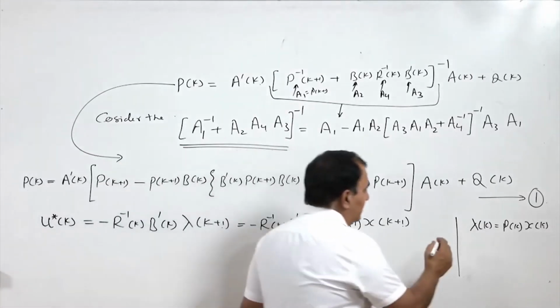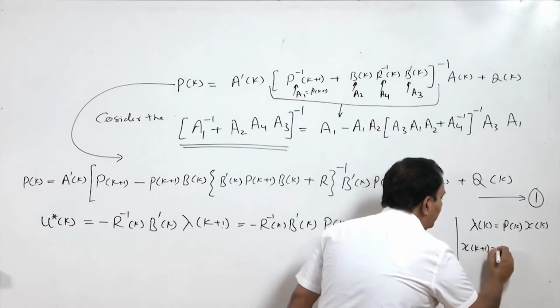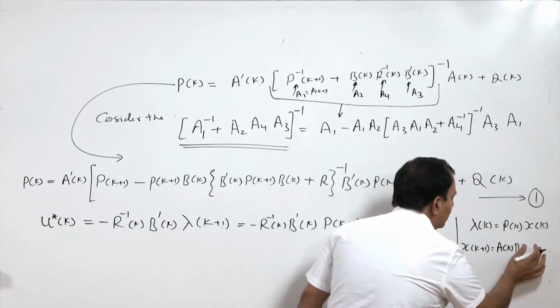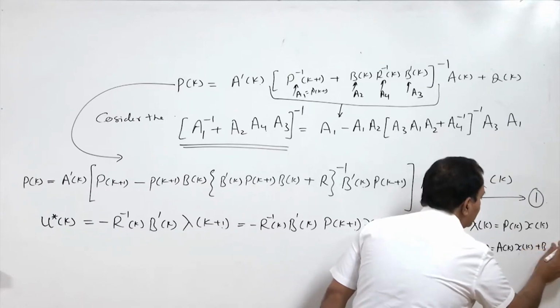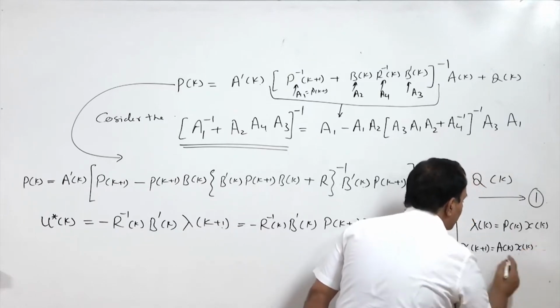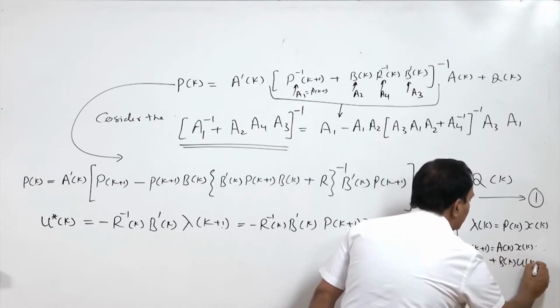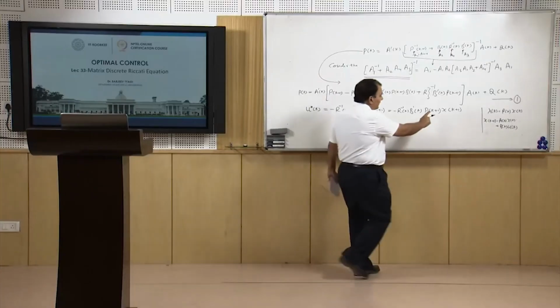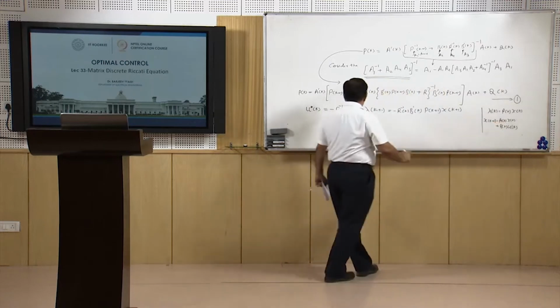and my given system is x(k+1) as A(k) x(k) plus B(k) u(k). So, x(k+1) I will replace by A(k) x(k) plus B(k) u(k).